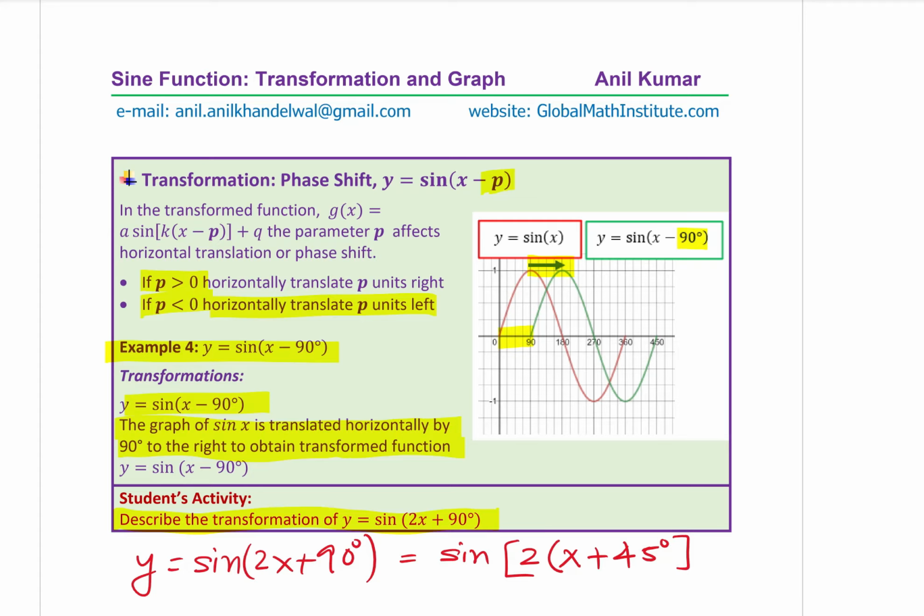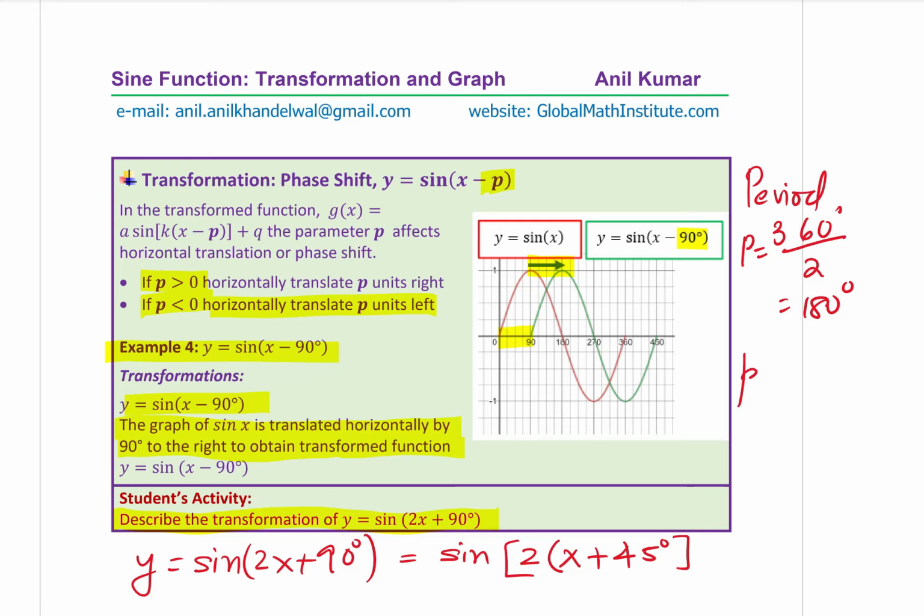So from here, we can say that the period for this particular function, if you're working in degrees, will be 360 degrees divided by 2, or 180 degrees, right? So that is the k value, 2. That makes the period change.